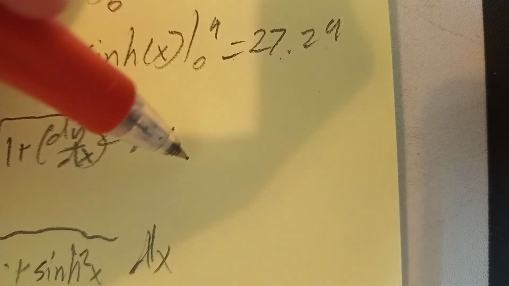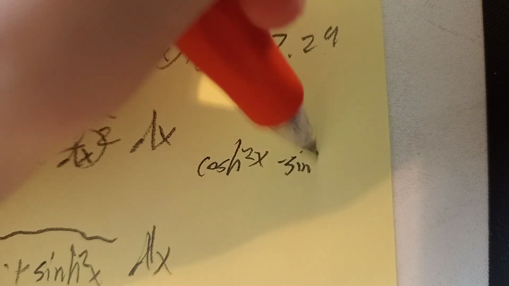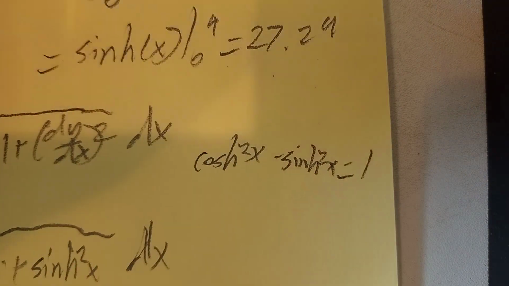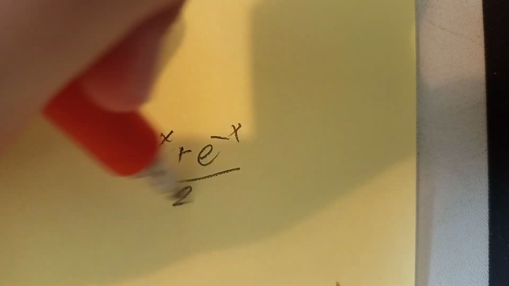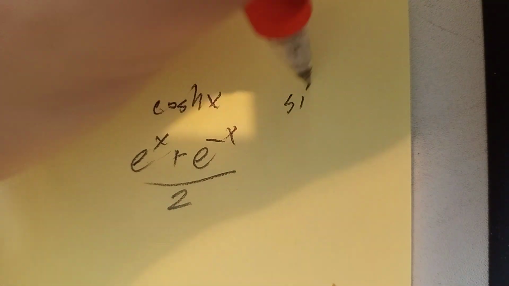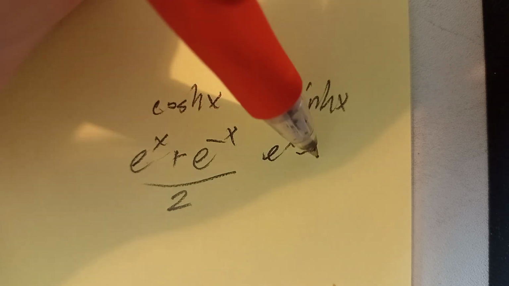Well, consider the identity cosh squared x minus sinh squared x equals 1. You can really just think about this for a moment, but note that cosh x is written in exponentials like this, while sinh x is practically the same thing, just the conjugate.